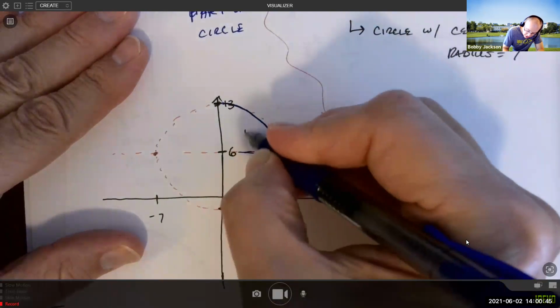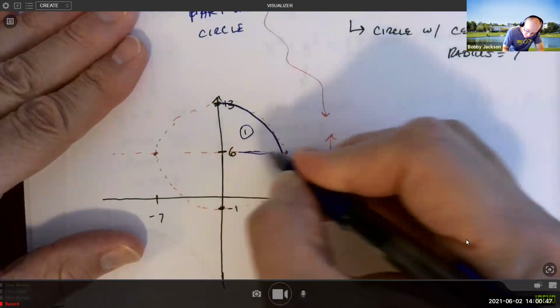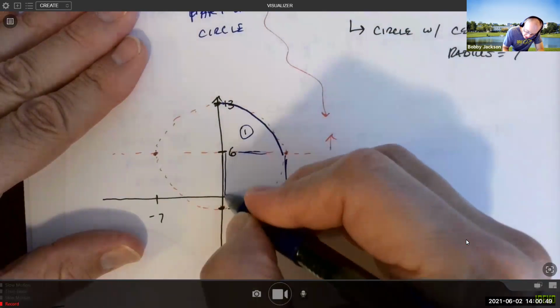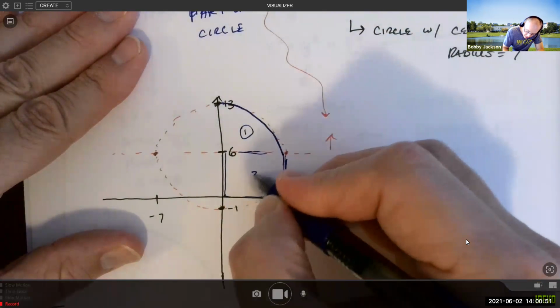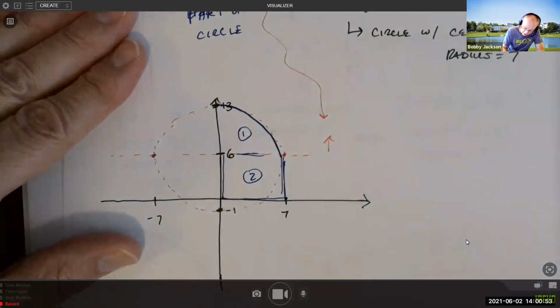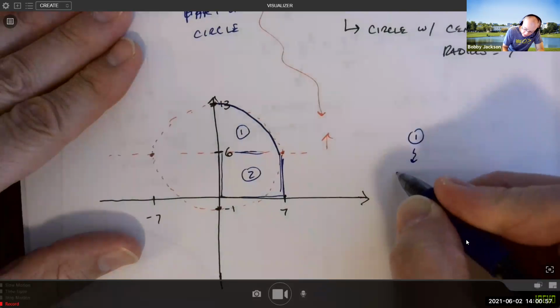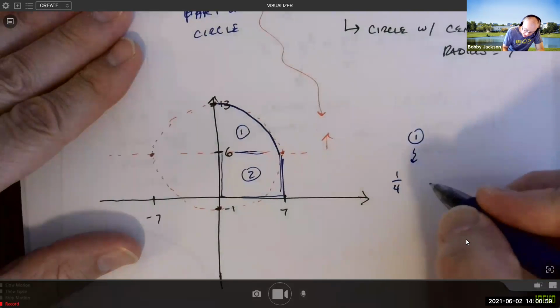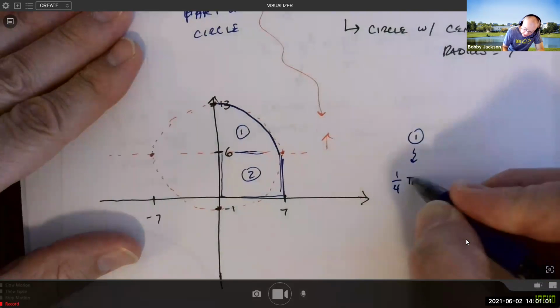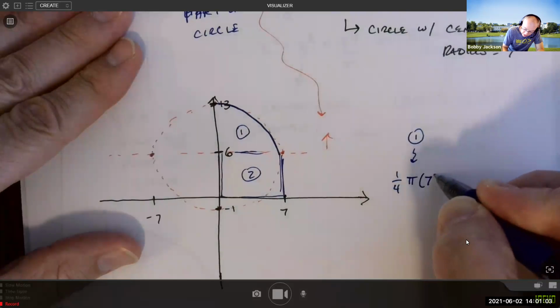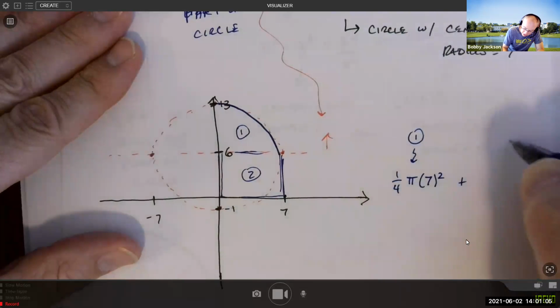I have this region here, which is a quarter circle, and then this region here, which is a square. The top part, region 1, is a quarter circle, so that's 1/4 times the area of this circle, which is pi times the radius 7 squared. And then plus region 2.